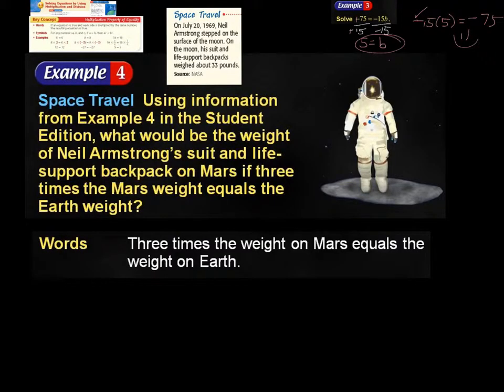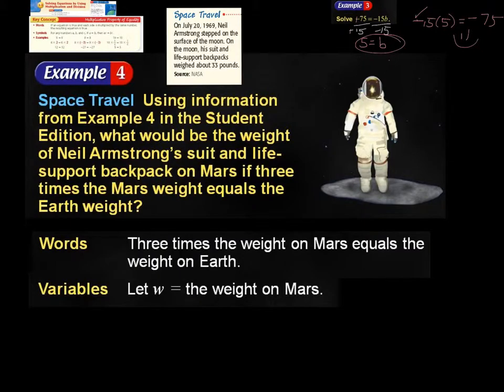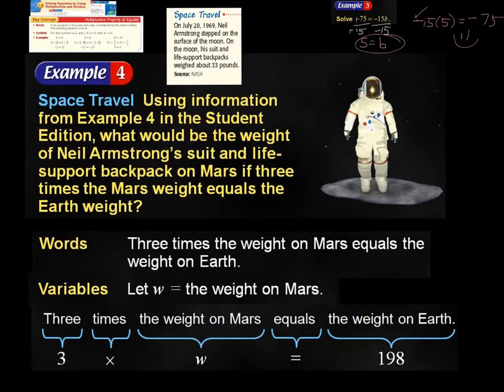We could simplify the question and just what we need to know is 3 times the weight on Mars equals the weight on Earth. And we could let W equal the weight on Mars. So 3 times W equals the weight on Earth, which was, in the problem, 198.